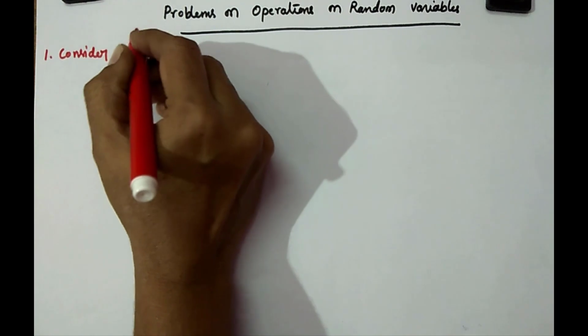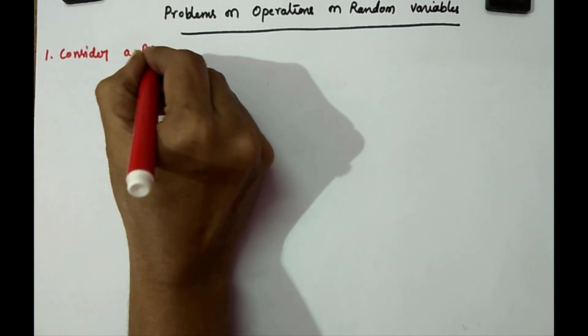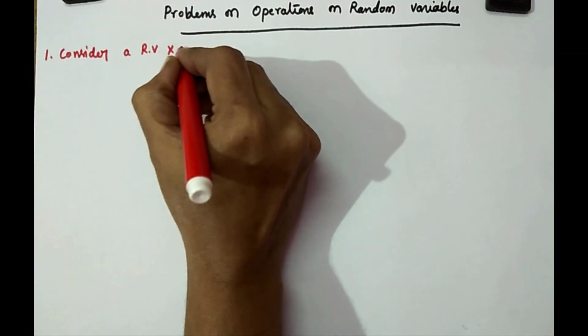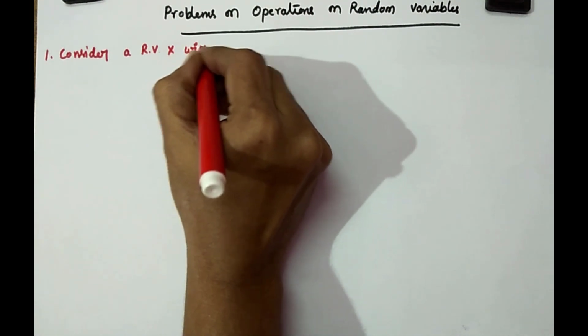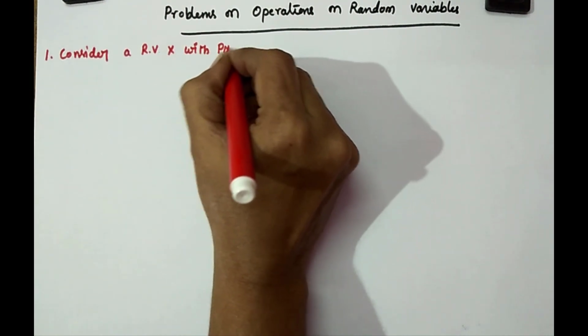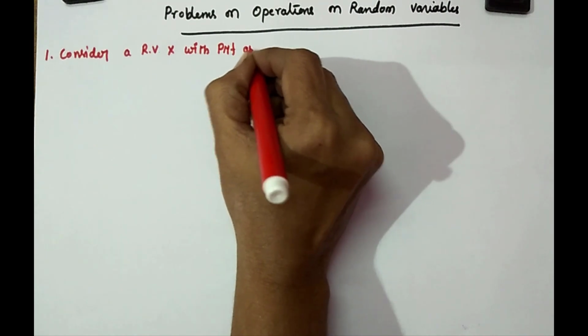Consider the first problem. Consider a random variable x with the probability mass function as given.